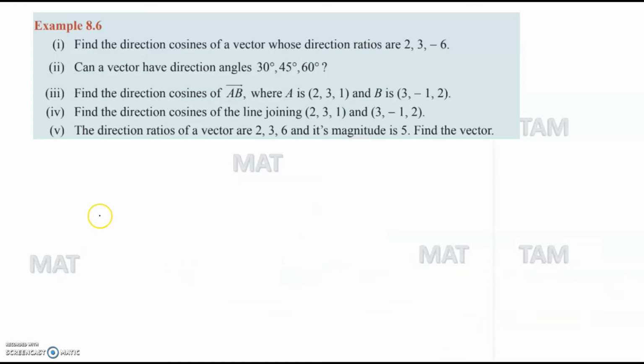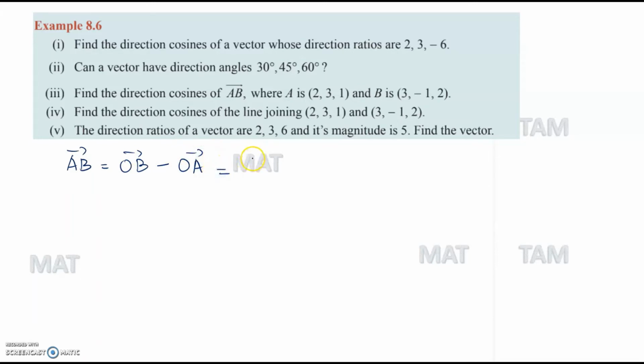The third part of the question is, find the direction cosines of the vector AB, where A is 2, 3, 1 and B is 3, minus 1 and 2. So AB vector will be defined as vector OB minus vector OA.